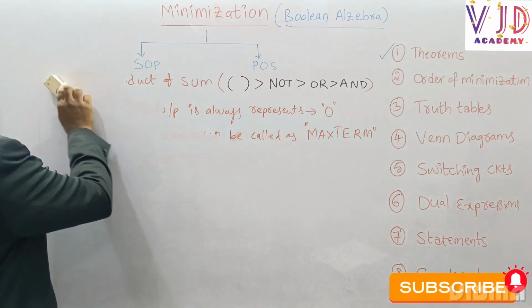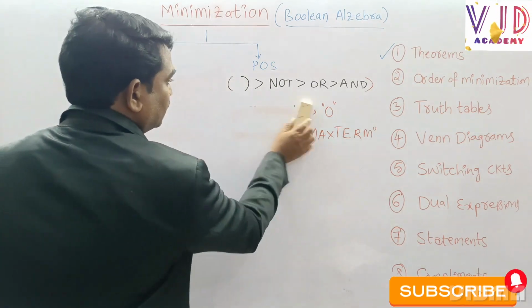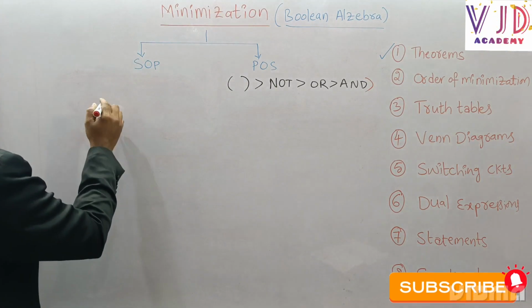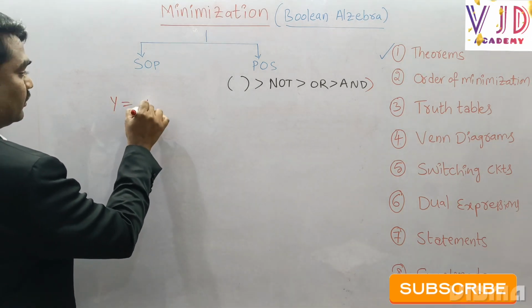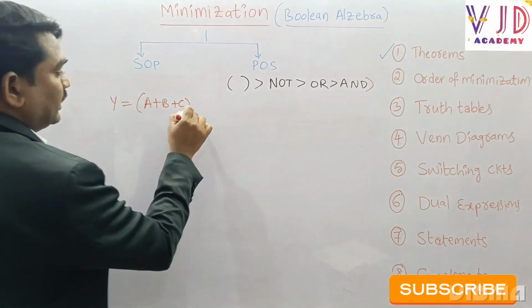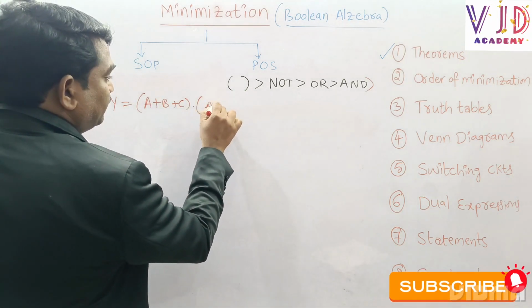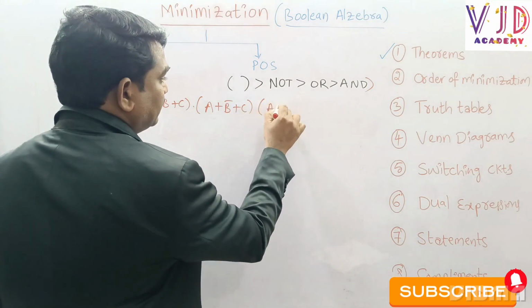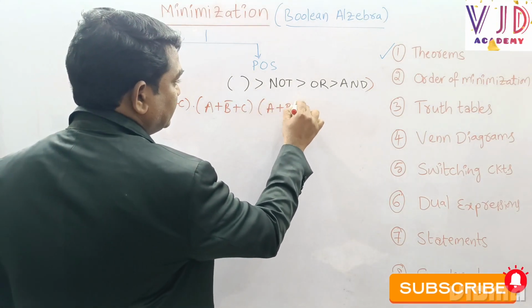So here let me consider one example. Here y equal to A plus B plus C, and now A plus B bar plus C, and now here A plus B plus C bar.